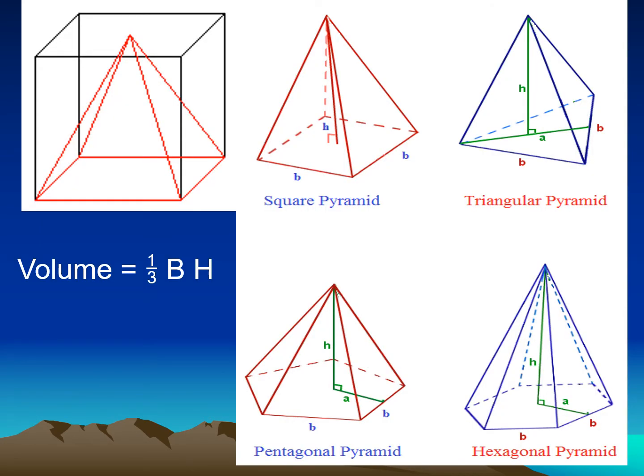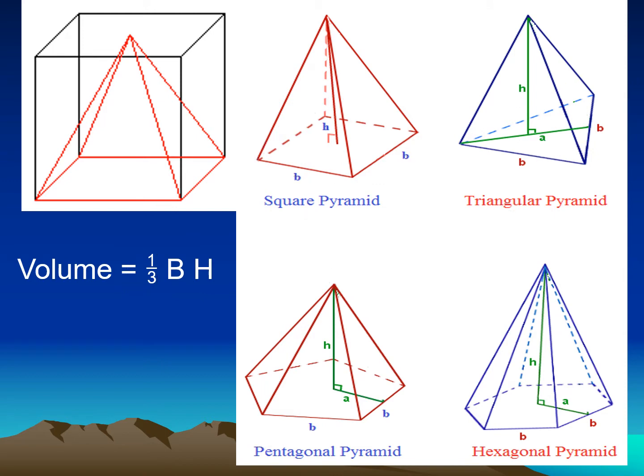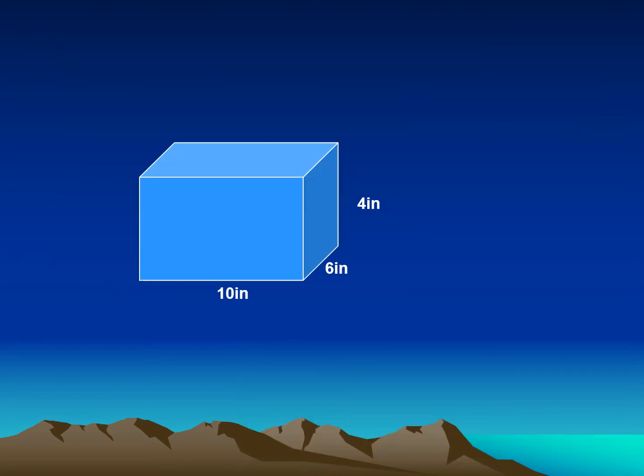Okay, and all these pyramids have the same kind of formula with the 1/3 out in front of the big B. Now the big B could be a square base, could be a triangular base, could be a pentagon base. Whatever kind of base that you have, you're going to say that times the regular height going straight up, but then pyramids have that 1/3 in front of them because they don't have the two bases that match, and it makes it come out even.